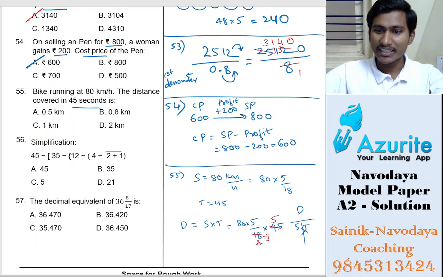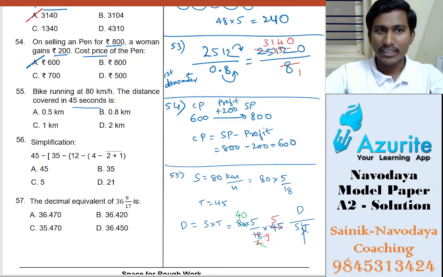Now 2 is there, so 2 and 80 we can cancel: 2 4s are 8, 0 as it is, so 40. What will be remaining now? 40 into 5 into 5.